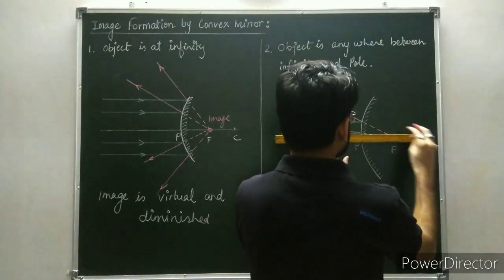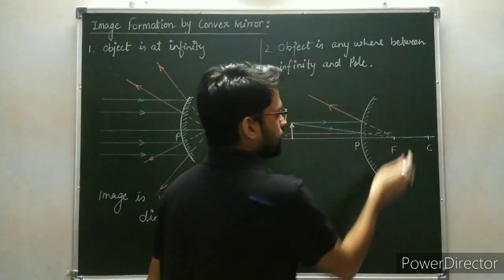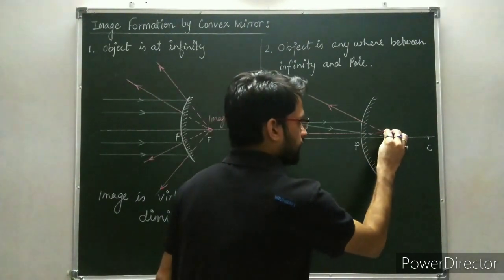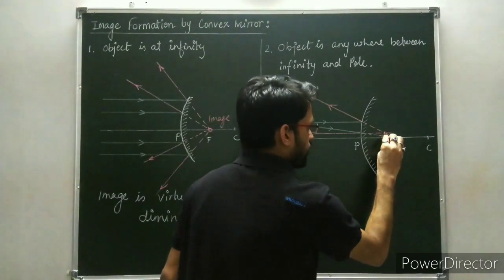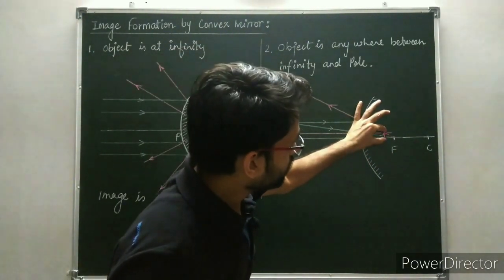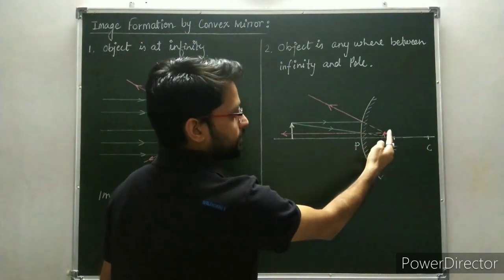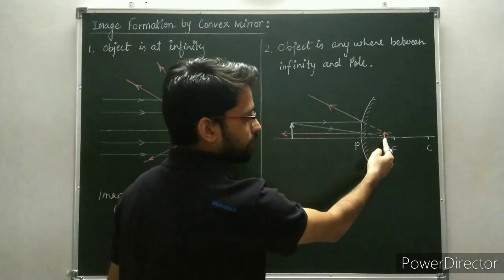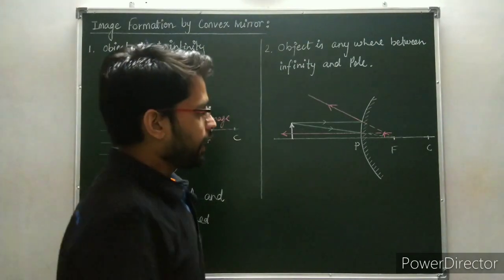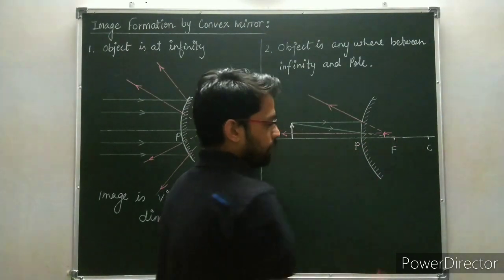Here these two reflected rays intersect, and at this point the image is formed, this much. And we can say that the image is virtual, erect and diminished, and the image is in between pole and focus.